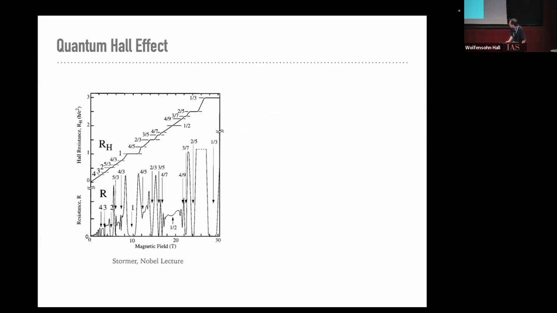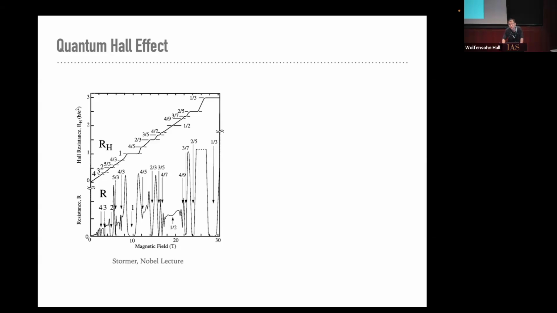So this is the quantum Hall effect. In Xiaodong's talk, he didn't show you this plot, but now I'm showing you this one. You can see that the quantum Hall effect is characterized by the quantization of the Hall resistivity and, at the same time, the vanishing of the longitudinal resistivity.